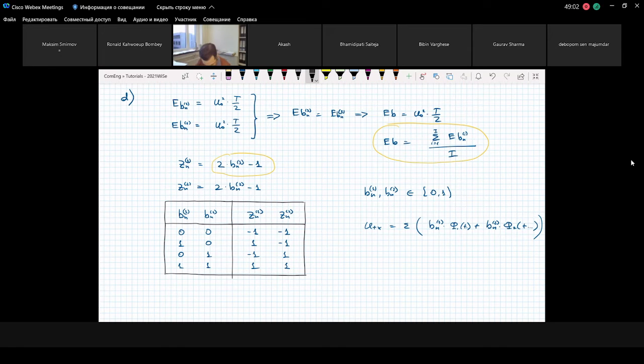I can also denote, maybe I will put this letter E nearby this table. And I will say that each pair of bits corresponds to a specific signal. As we said, we transmit only 2 bits, b0 superscript 1 and b0 superscript 2, and we have 4 possible combinations of 2 bits. We denote the first combination as s1(t), the second combination as s2(t), and so on.